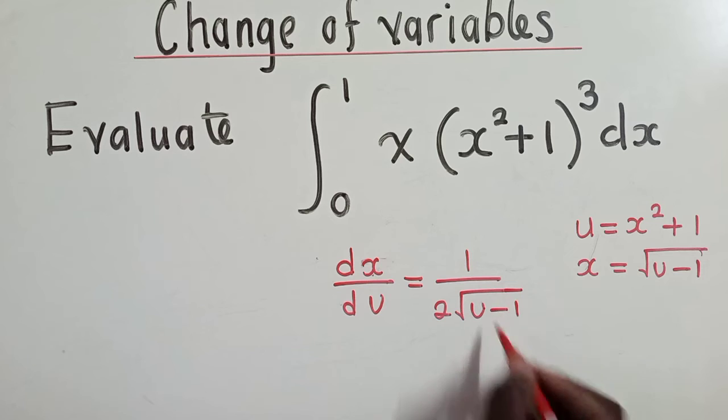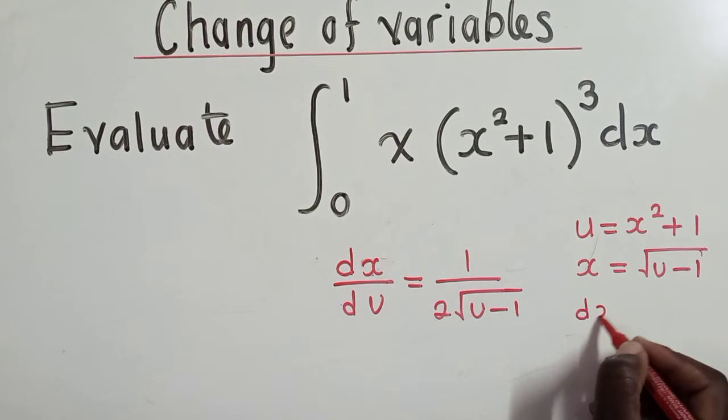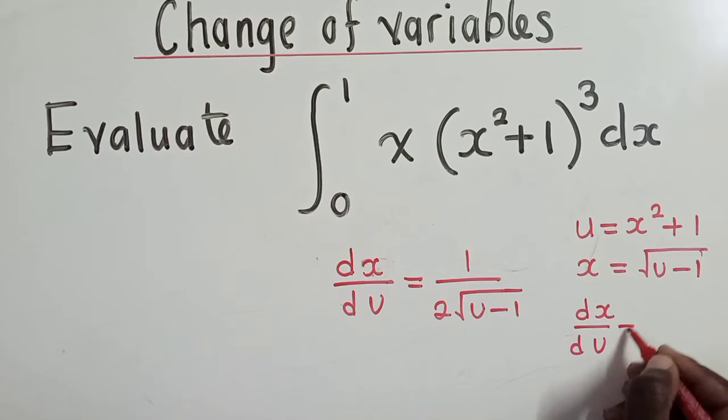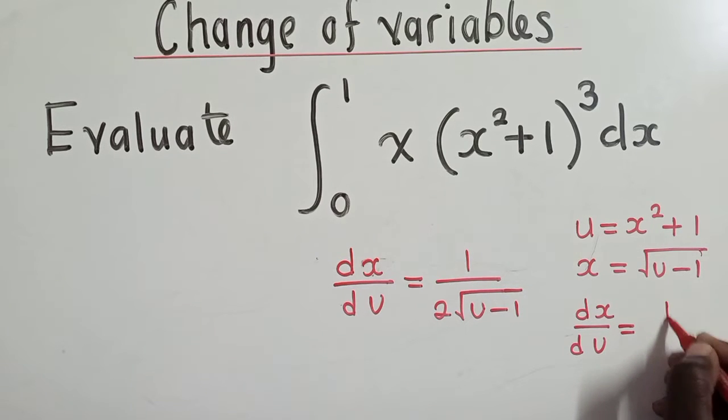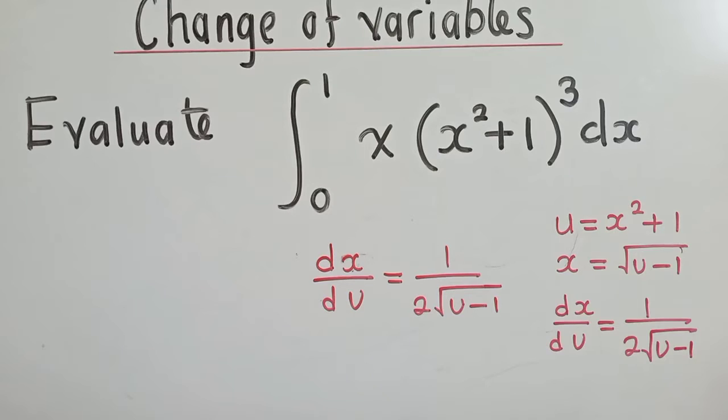So this is a derivative right here. Maybe the question may be, how did I manage to find this derivative? So now let me put it here so that I show you how I got it. So this is our dx du, which is 1 over 2 and the root of what? Of u minus 1. So now how did I manage to get this one?